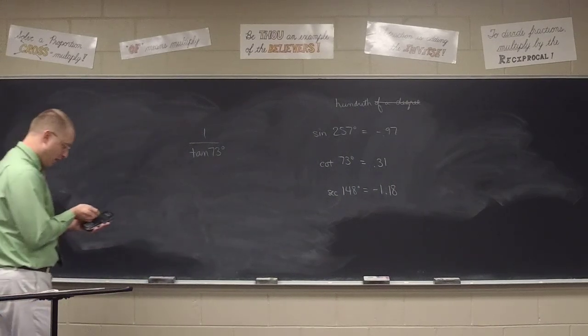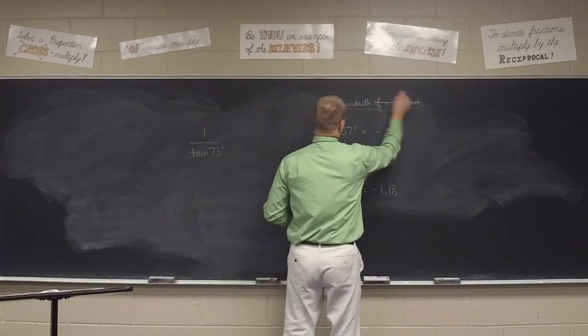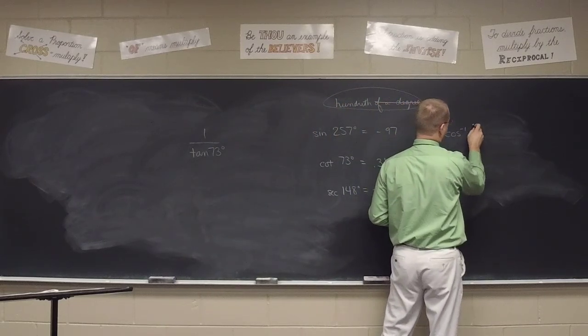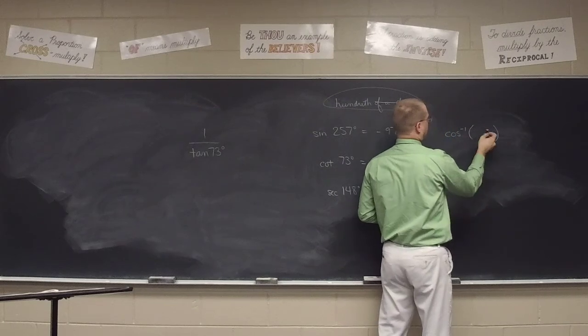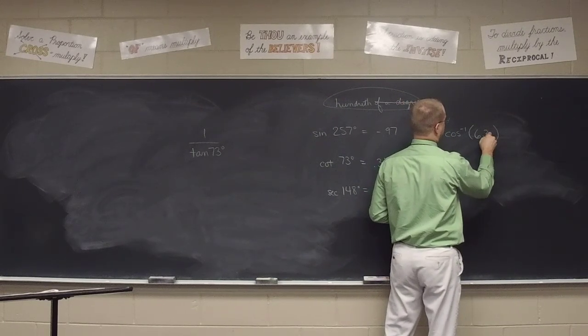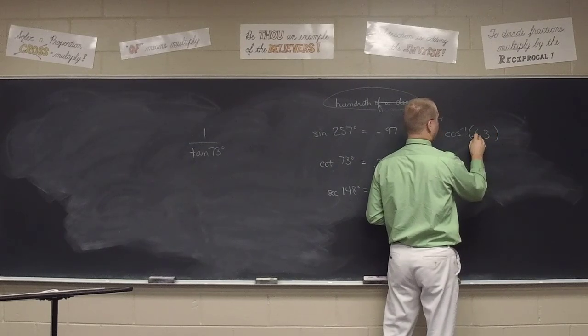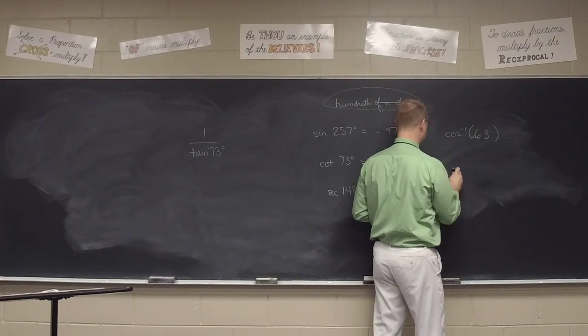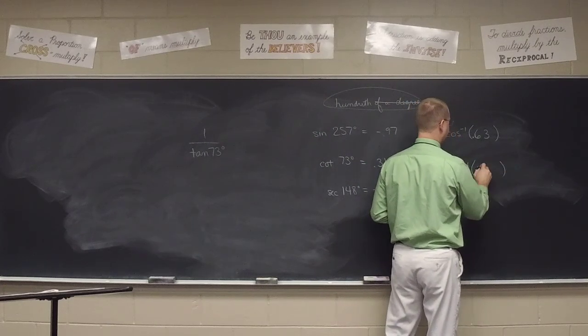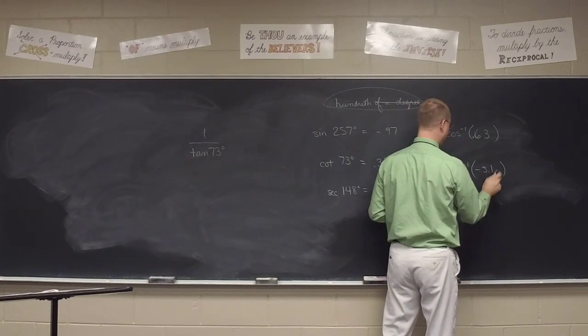All right, now let's go ahead and do hundredths of a degree, and let's practice with inverse functions. Let's find the arc cosine of 0.63. We can't do 6.3. Let's do the arctangent of negative 5.1.